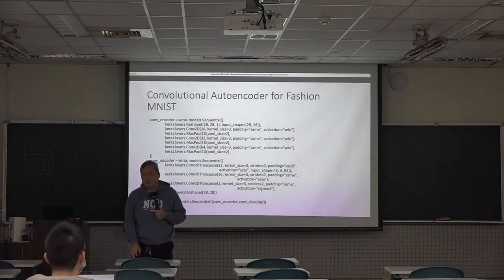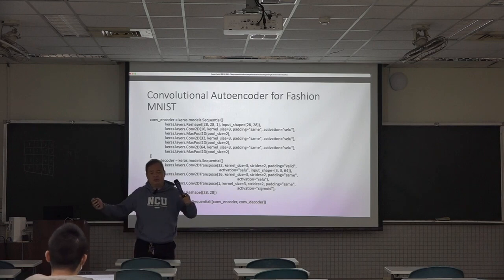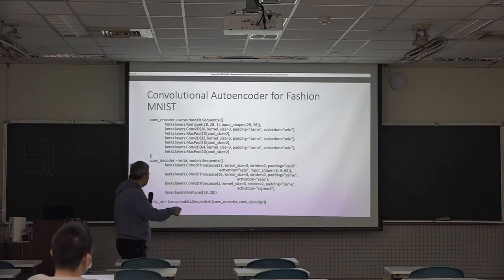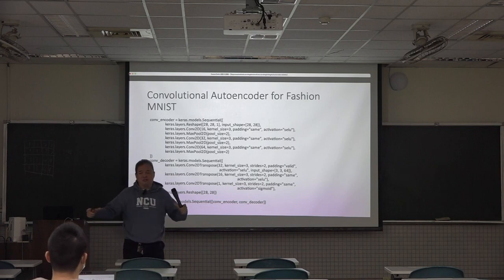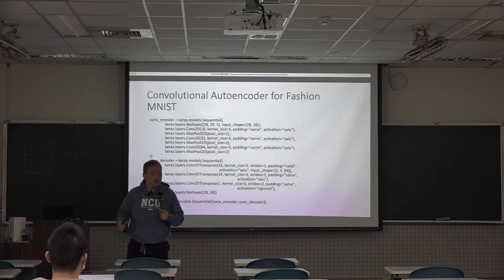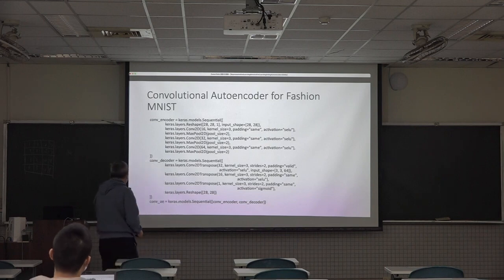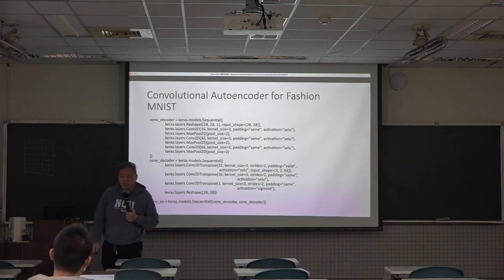But you may ask, how do we do the decoder part? In a CNN we normally shrink the input, but here in the decoder we need to enlarge it back to the original size. So what do we do? Remember we have the transpose convolutional layer.